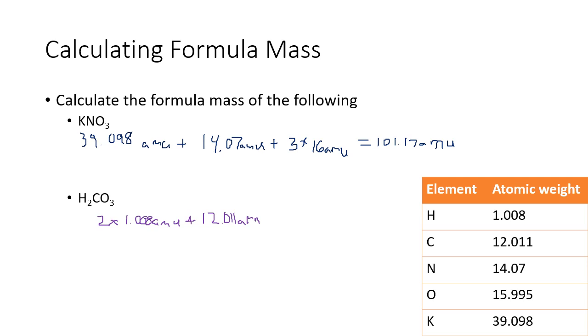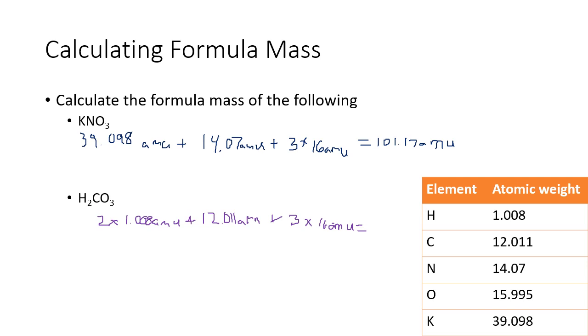Okay, so we've got carbon, and then we have 3 oxygens. We're going to do 3 times 16 again. And we'll pretend that all of these look like AMU, even though they really, really don't. Sorry.